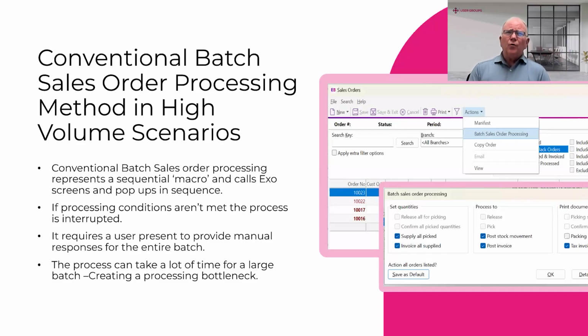So I've seen people whose daily order processes can take up to an hour, because when they do a batch sales order process, it basically goes through the screen and pops all the validations all over the place. It's a bit like being in a shoot 'em up game. You're having to pop that exception here, say yes to that, add something in there.